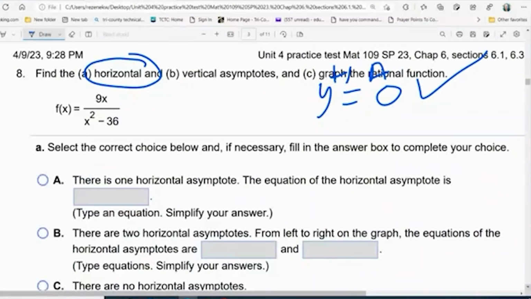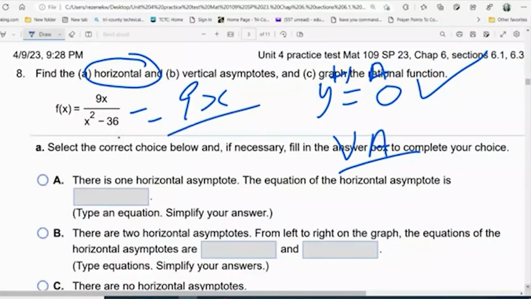Does it have a vertical asymptote? VA. Does it have a vertical asymptote or 2? Yes. So you want to write 9x divided by, equate the denominator to 0. So you have x minus 6, x plus 6.